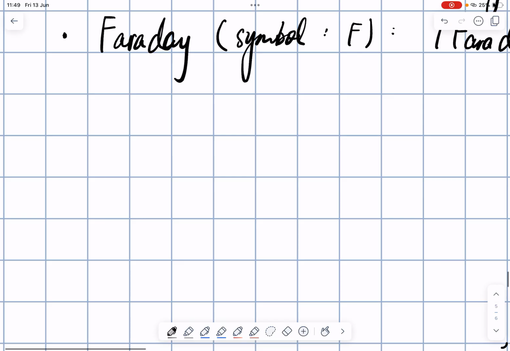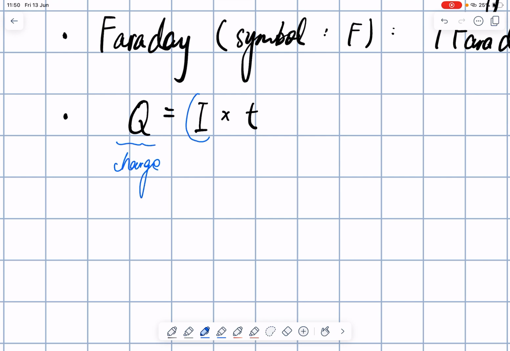So what are we going to do with this? As I presume that you have all the knowledge from AS level physics, I'll just write this formula down. Here you see, Q is charge, and I is of course current. T is time. Charge equals current multiplied by time.